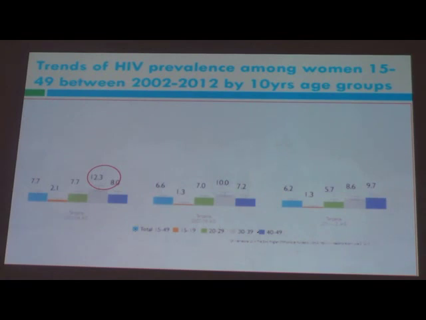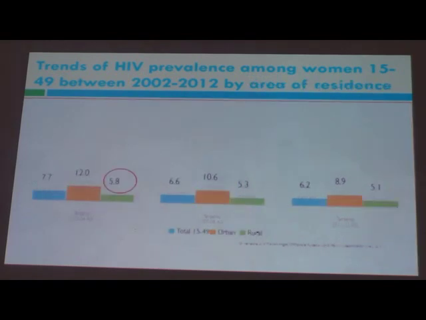And also, when you look at area of residence, even though there is a significant decrease in HIV prevalence among women, for mothers in rural areas, in 2003 there was a prevalence of 5.8, but come 2011, only a small decrease, to 5.1% of mothers in rural areas with HIV. So this is also something to note.